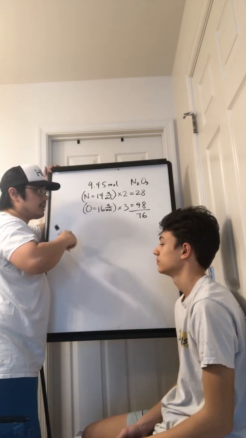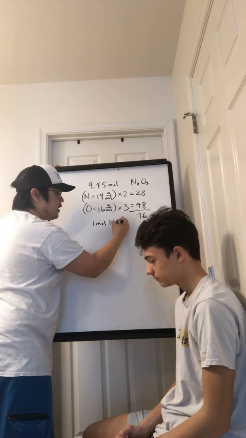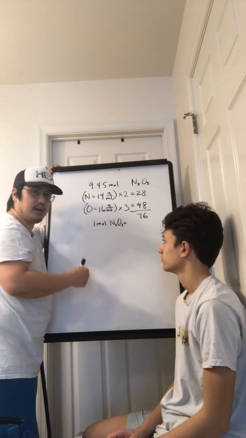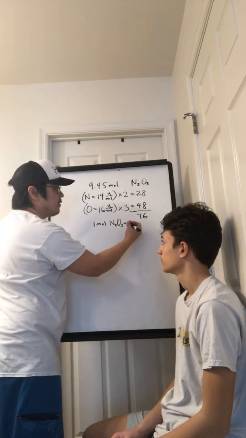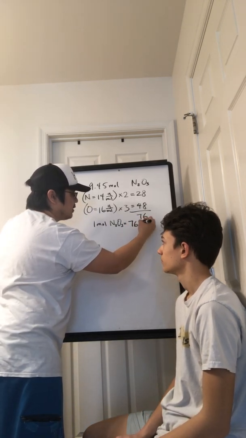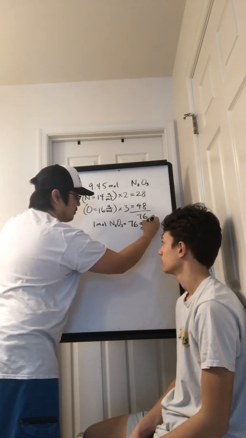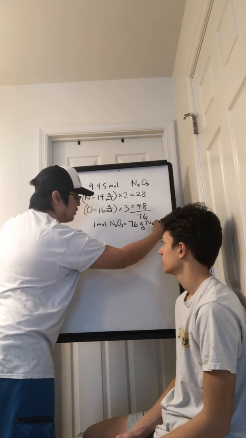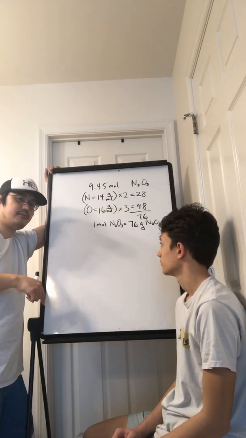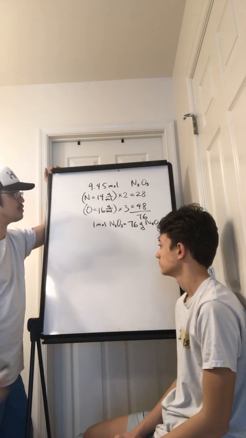So that's saying that for every 1 mole of N2O3, it will have a mass, not weigh, because weigh is different, but it will have a mass of 76 grams of N2O3. Cool? So that right there is that conversion factor that I was talking about, but that's specific to dinitrogen trioxide.